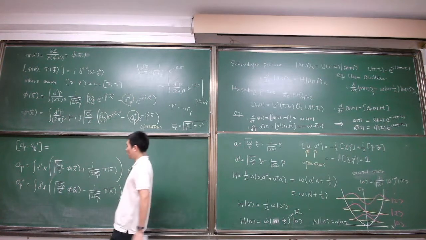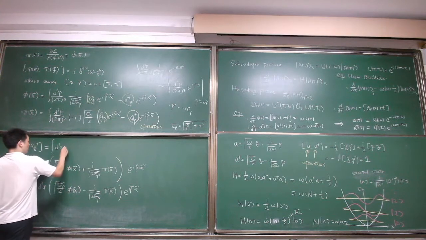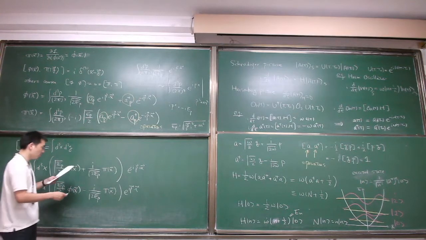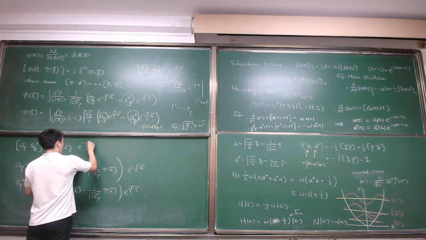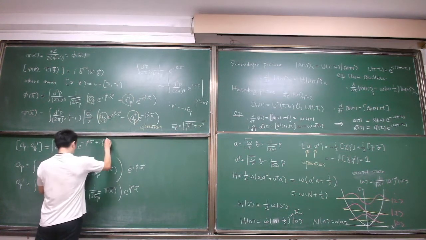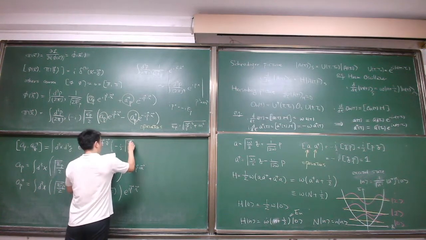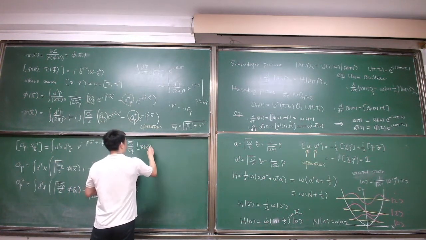So we have the integral d^3x and d^3y, using a different dummy coordinate, with e to the minus i p x plus q y, and then minus i over 2 E_p and E_q, where the first is phi of x and pi of y.